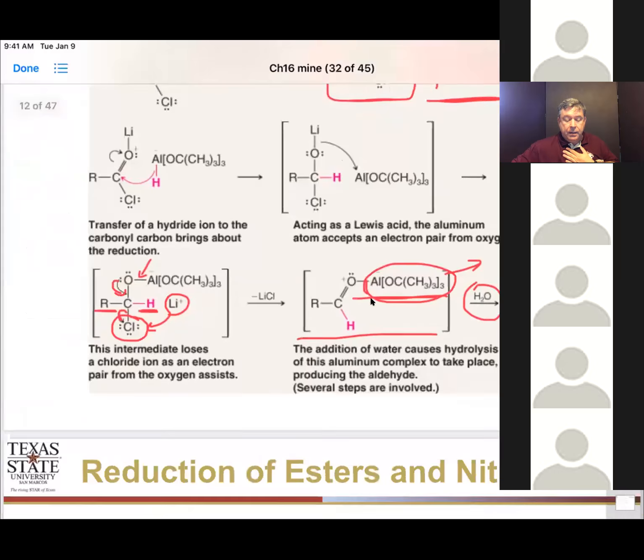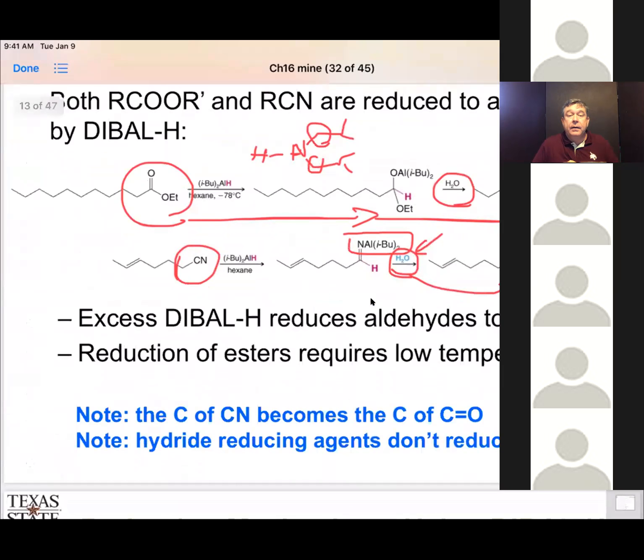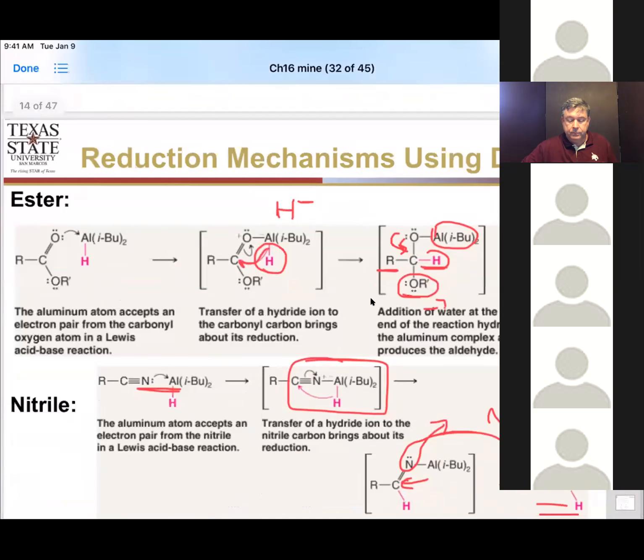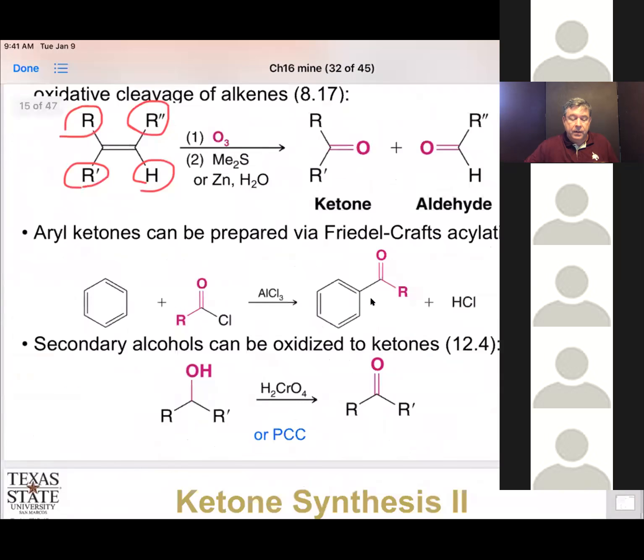So ketones are actually easier to stop at. If you have a secondary alcohol, you can just use any number of oxidizing reagents and oxidize it to the ketone. If you have a disubstituted alkene on one side, you can generate ketones from that.